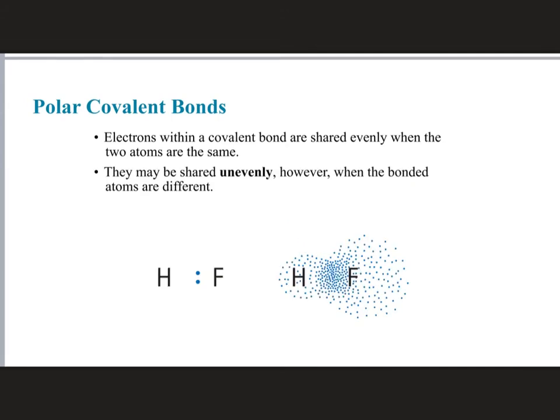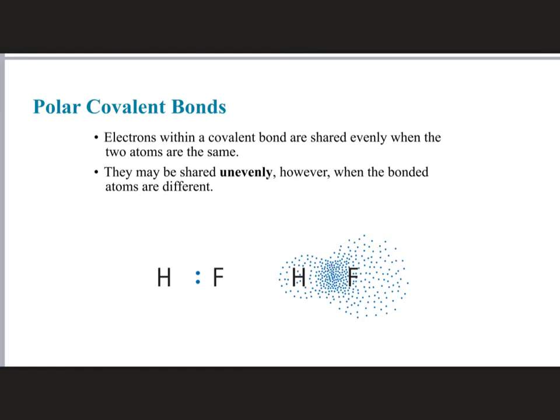Now, here's the other kind of situation where the sharing is not symmetric. Here we have hydrogen bonding with fluorine, and when we look at the probability diagram, we can see, again, the electron spending most of its time between the two atoms, between the hydrogen and the fluorine, but it's spending some time around the hydrogen and some time around the fluorine.